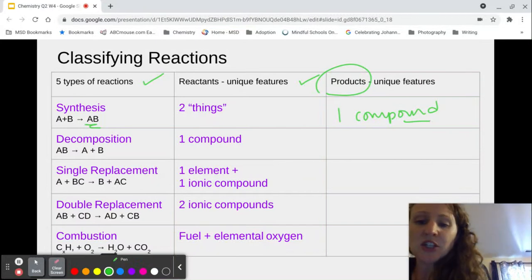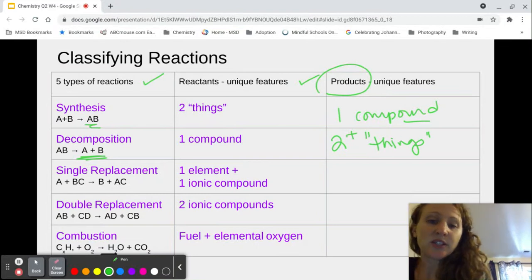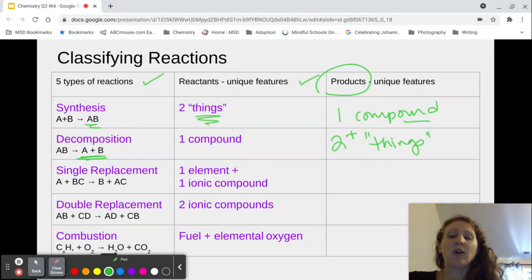Okay, decomposition. You're going to result in 2 or more things. Now, this is as vague as it sounds, similarly to how vague the reactants of the synthesis reaction could be.